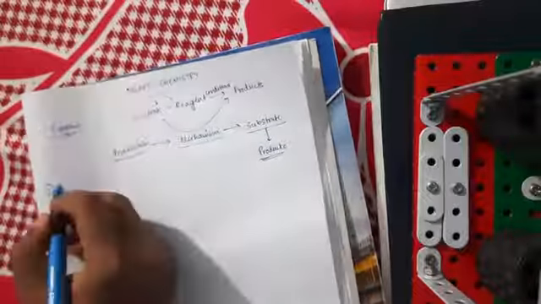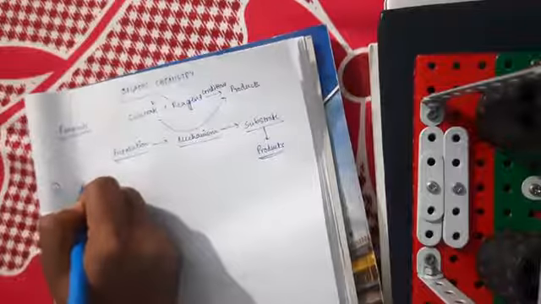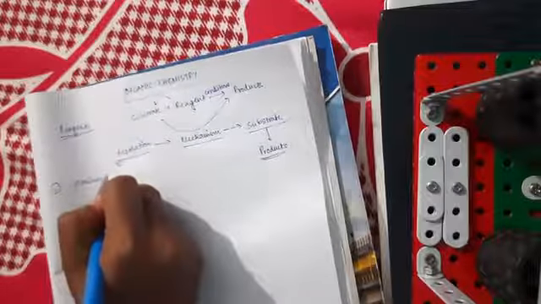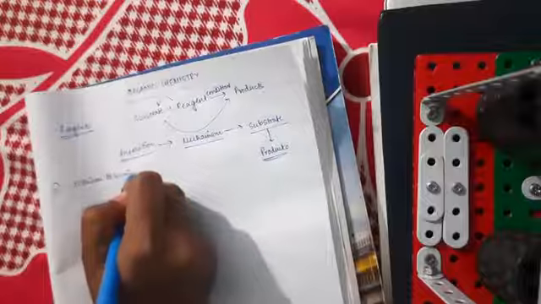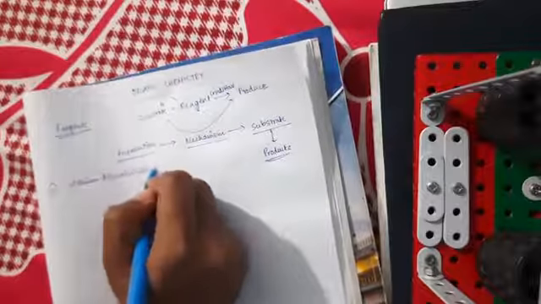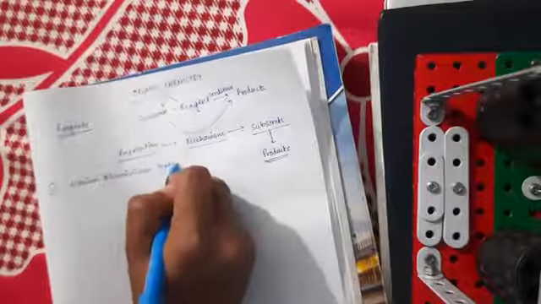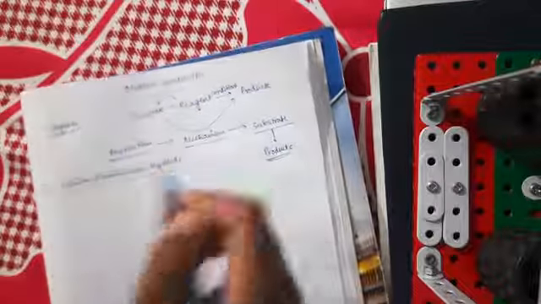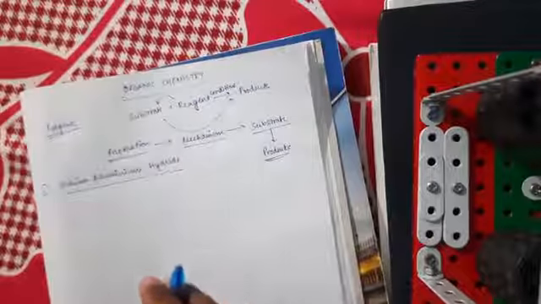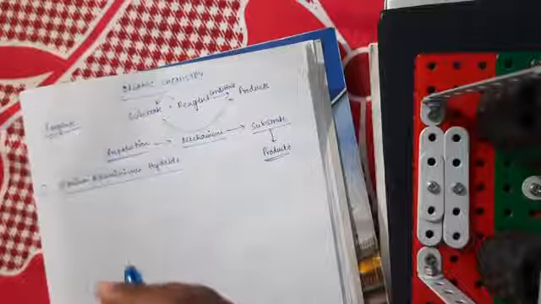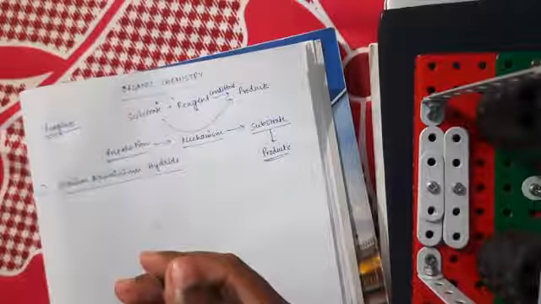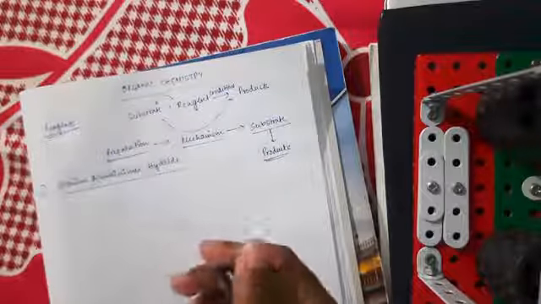So the first reagent that we are going to study is known as lithium aluminium hydride. There are many different kinds of reagents. The main types that we broadly classify reagents into are oxidizing agents and reducing agents.